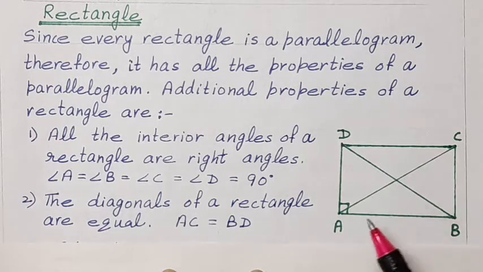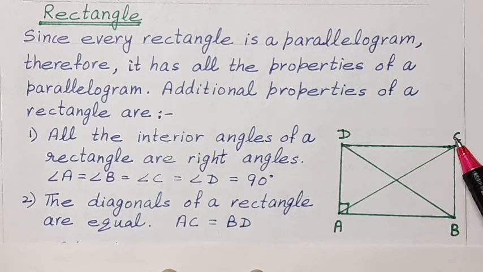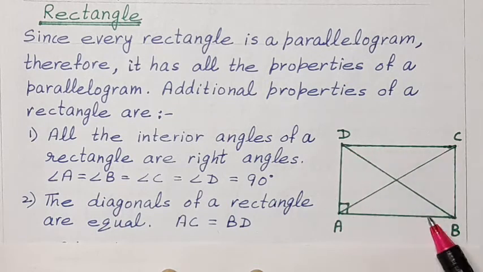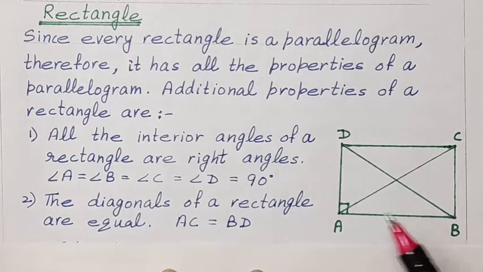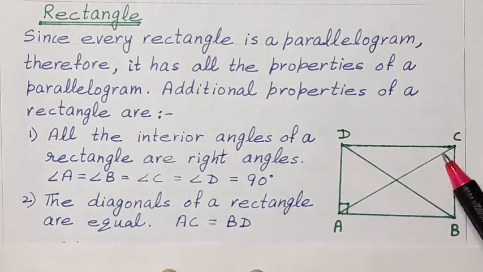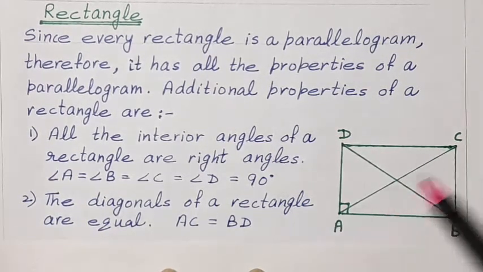That is, angle A is equal to angle B is equal to angle C equal to angle D. All are 90 degree. And second is, the diagonals of the rectangle are equal. That is, AC is equal to BD. Clear?